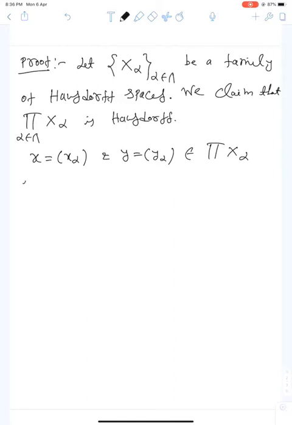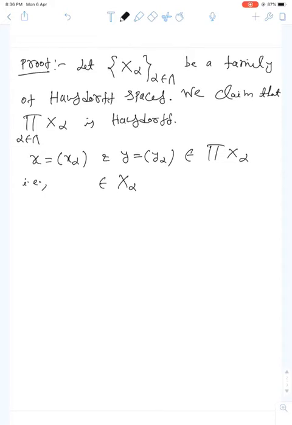That means that x alpha belongs to capital X alpha. Or in other words, x alpha, y alpha both belong to it for all alpha belongs to lambda. Right?